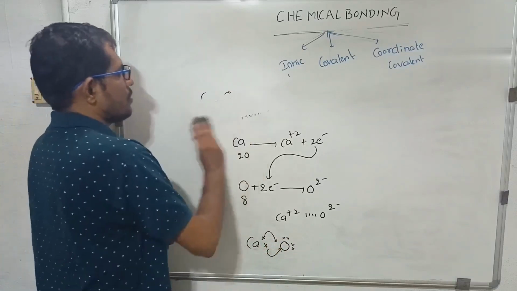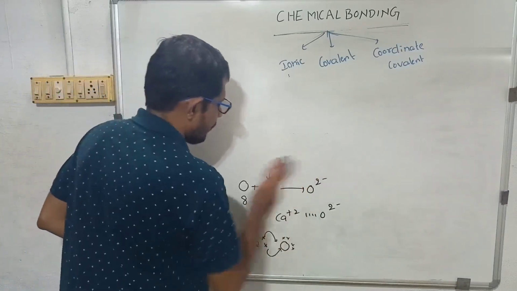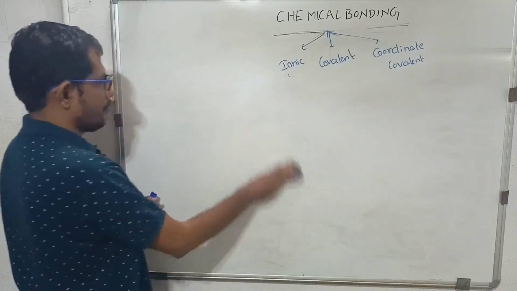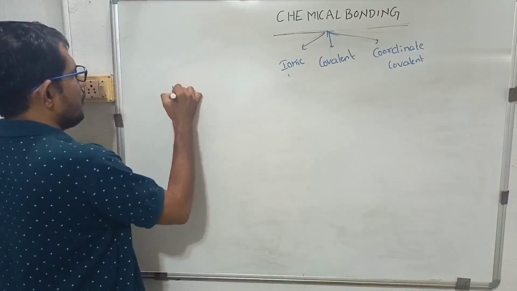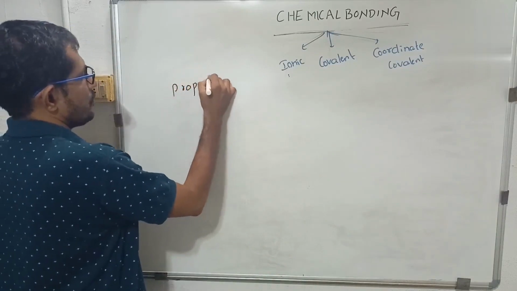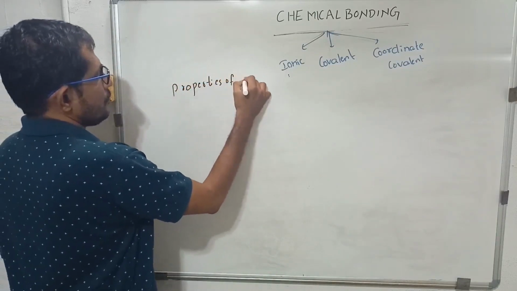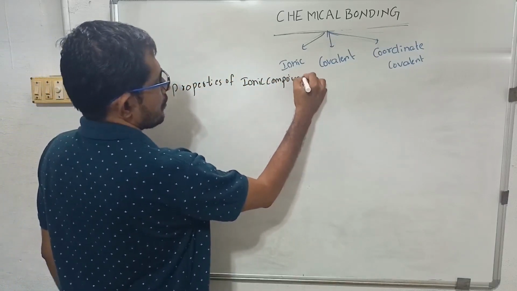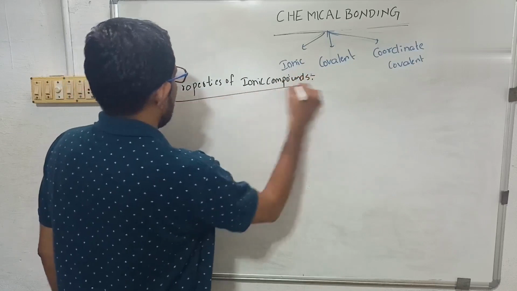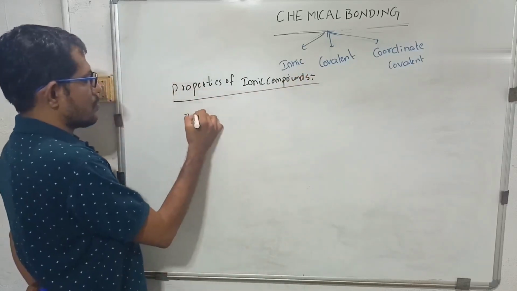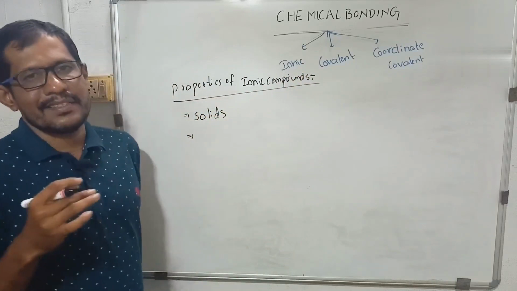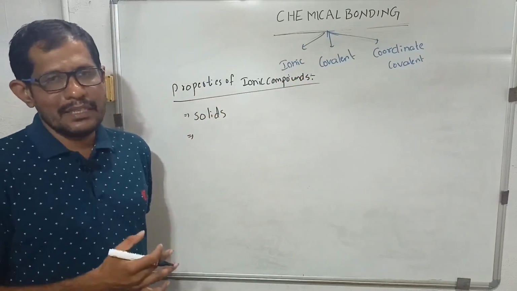If you check the properties of ionic compounds, ionic compounds all are solids. If you take NaCl, sodium chloride, which we use daily, that is a solid.